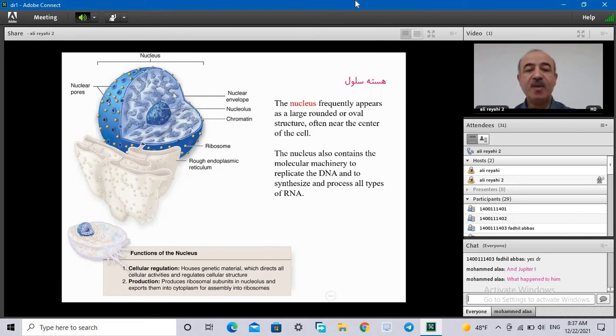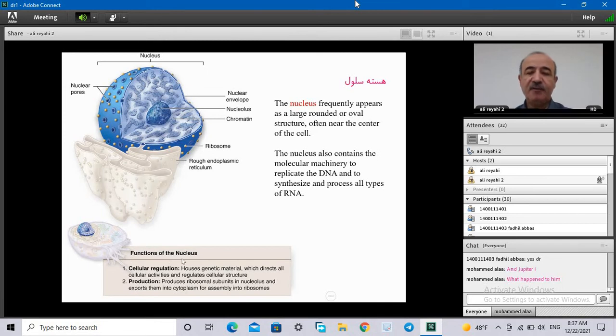That means the nucleus is the house of genes, the DNA. And it has the molecular machinery to synthesize and process all types of RNA. For example, the messenger RNA is transcribed from the DNA.